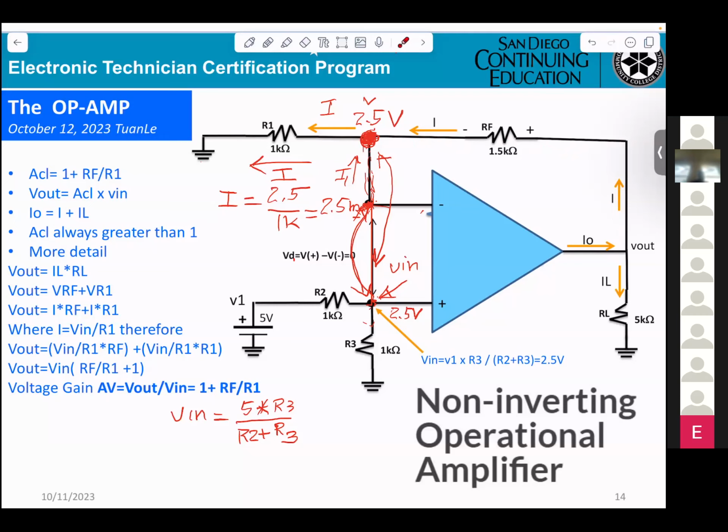Okay, how do we get this current? Right now, Vout will be positive, negative. My question is, how come you get positive? Because up there on the feedback resistor side, one side is negative, one side is positive.